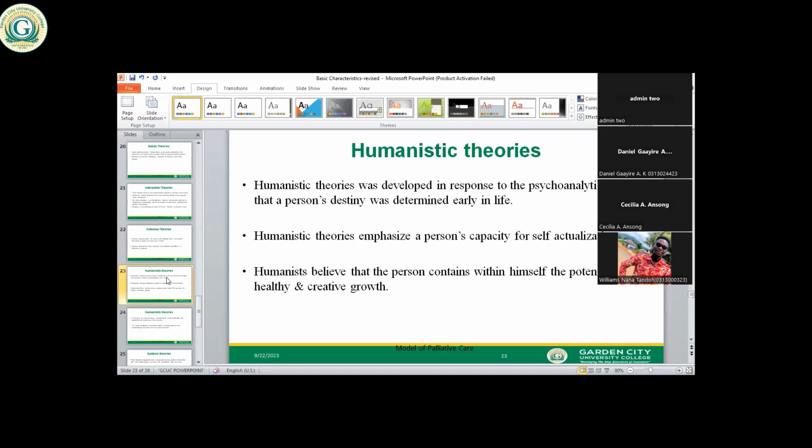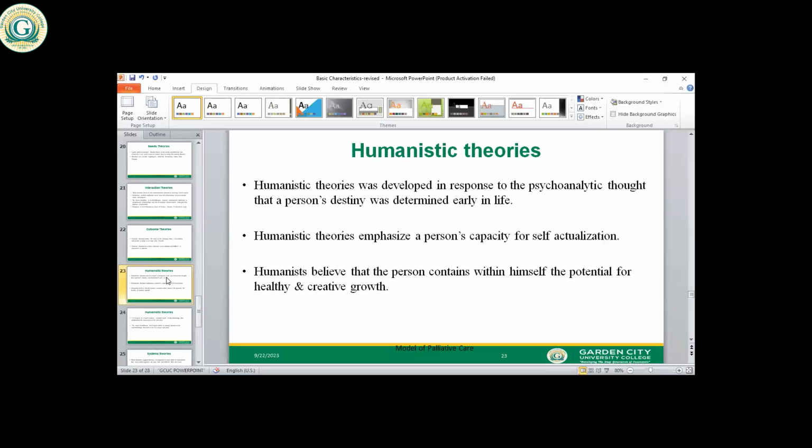the focus is on the fact that each individual is unique. Every person has something within him or herself that the person is very good at doing. So once you are able to identify that particular potential in that person, and it is worked out, the person is likely to bring out the best in themselves.